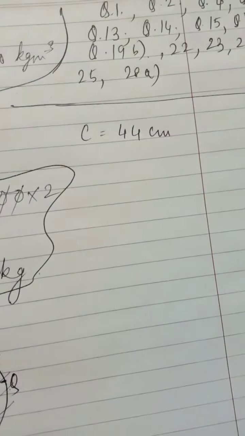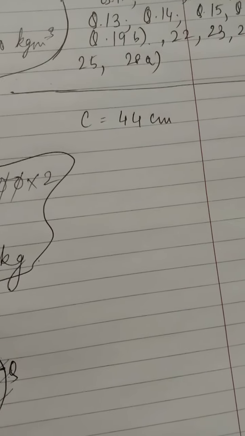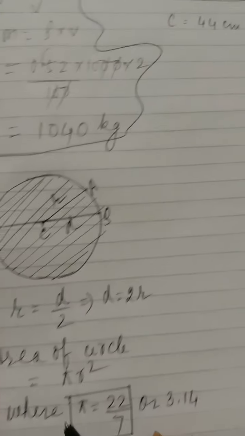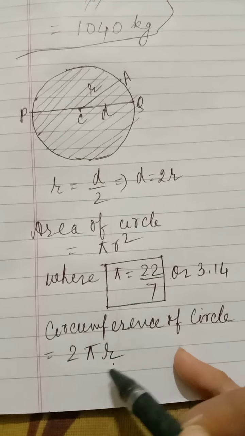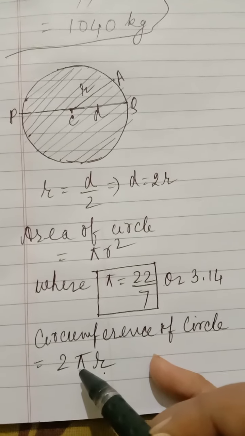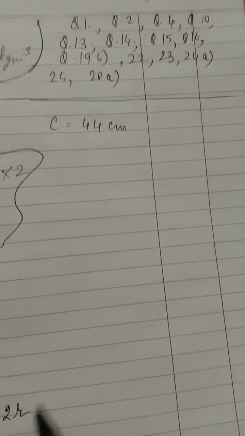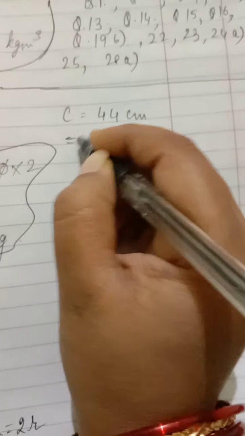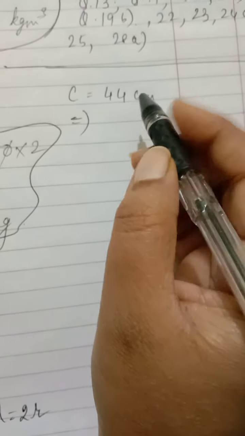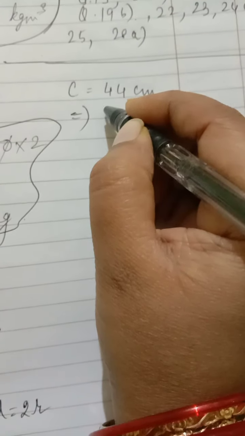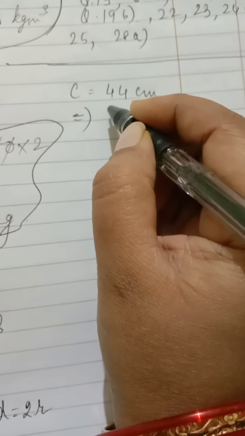Here the letter C represents the circumference. So the circumference formula is 2 pi r. But here radius is not given. In fact, the circumference is given. So first of all, from this we have to find out the radius.